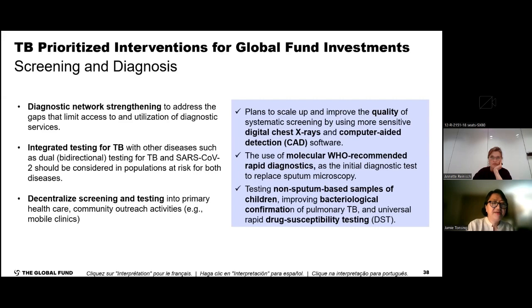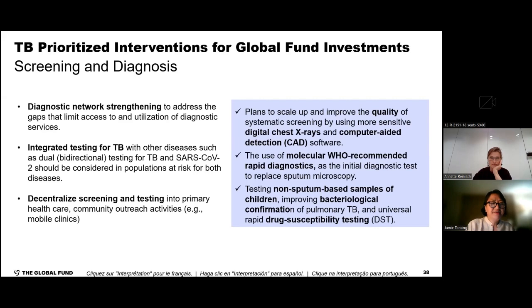On screening and diagnosis, the priority interventions are diagnostic network strengthening to address the gaps that limit access to and utilization of diagnostic services. This could be in the form of optimizing services. This could be in the form of scaling up new diagnostic centers, but the end point here is how to improve access to diagnostic services.